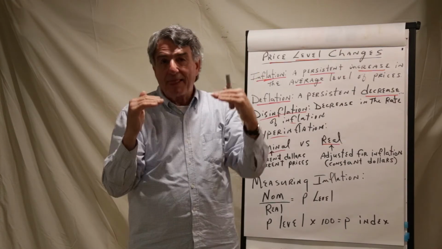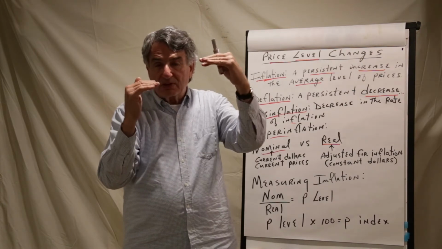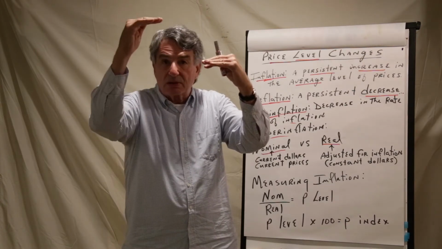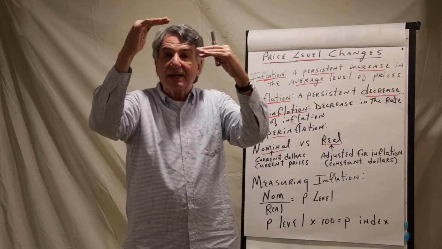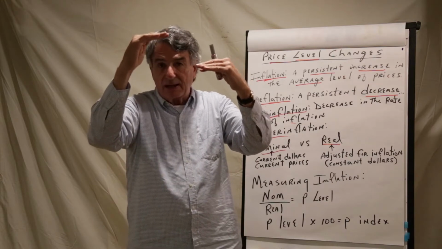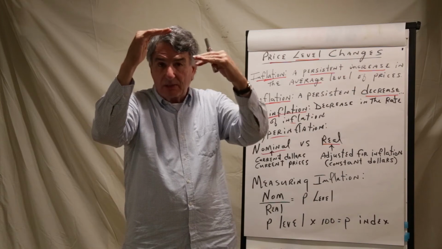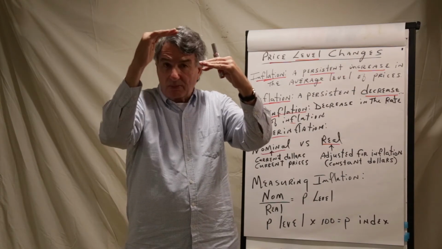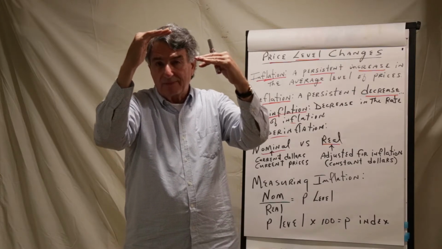Because prices all went up at the same time. What if your income goes up 20% and all prices go up 30%? Then in that case, there's been a negative change in your real income. Your real purchasing power of that income has gone down. Income went up 20%, prices went up 30%, so the real income has gone down.